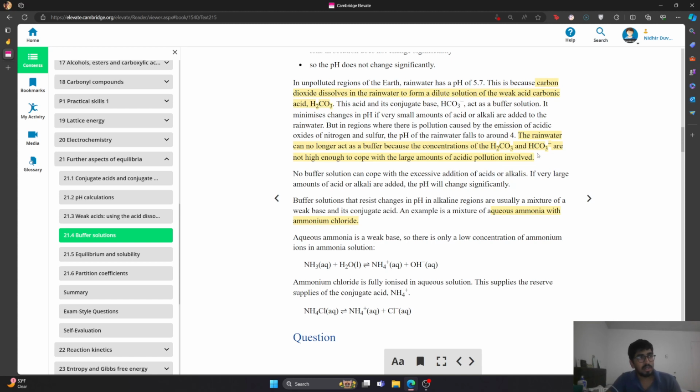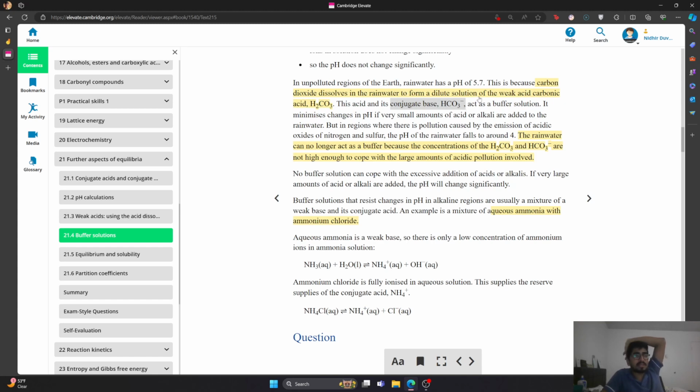This H2CO3 is an acid, and if you remove one H, you get HCO3 minus, the conjugate base. Both of these form a buffer solution.